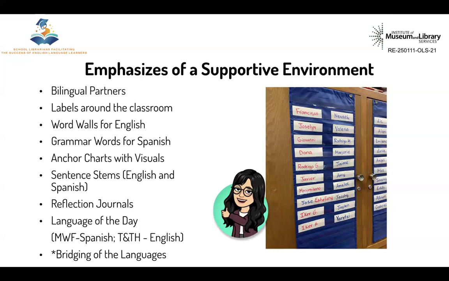Reflection journals were something that we also did. They were a support to writing and reading just because it ensured that students were reflecting on their learning in either language, either English or Spanish.